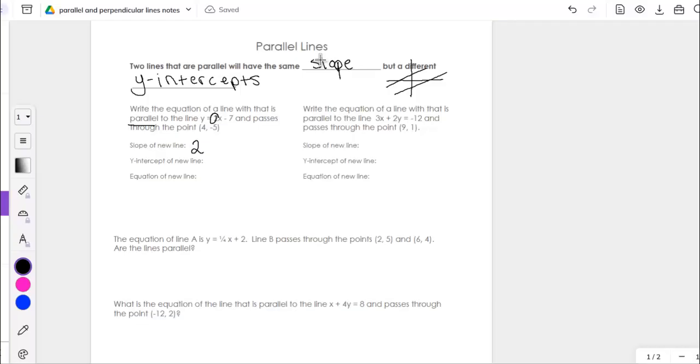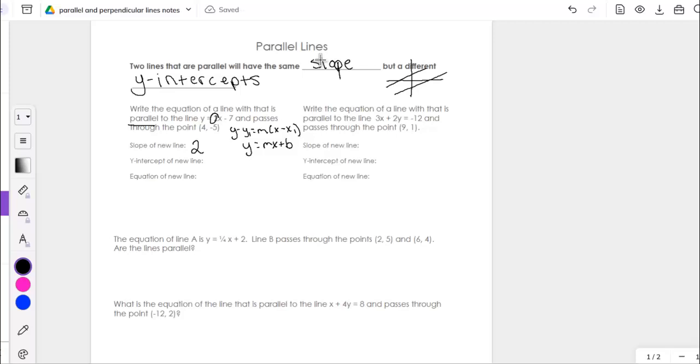Then, to find the y-intercept of the new line, there's a couple different ways you could figure this out. You could use y minus y1 equals m times x minus x1, or you could do y equals mx plus b, slope-intercept.